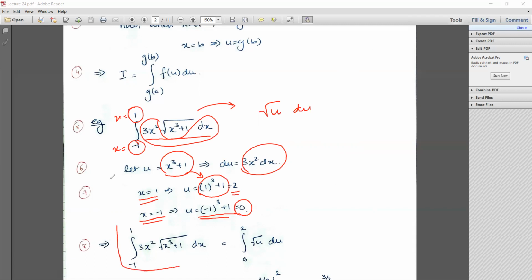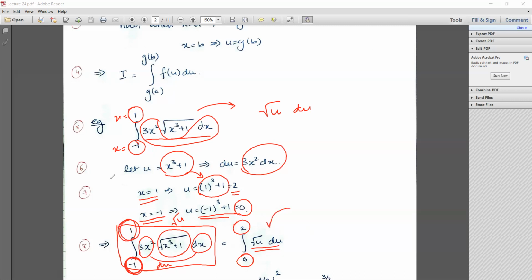So my integral becomes integral of square root of u du from 0 to 2. So everything has changed in terms of u. This here became du, this became square root of u, -1 became 0, and 1 became 2.